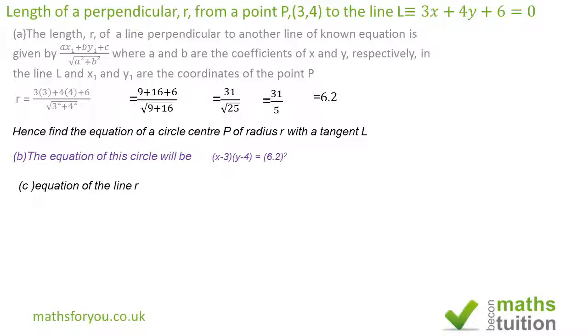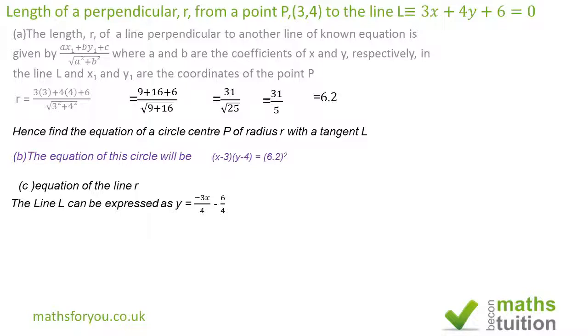Now, for the equation of line R, we know that R is perpendicular to the line L. And we also know that the gradient of the line L is minus 3 over 4. And from slide 1, the product of the two gradients will give us minus 1.